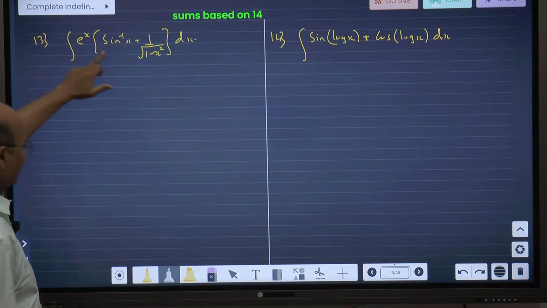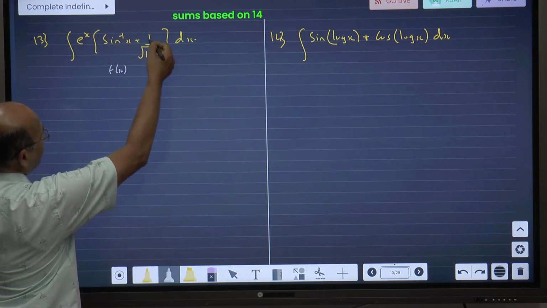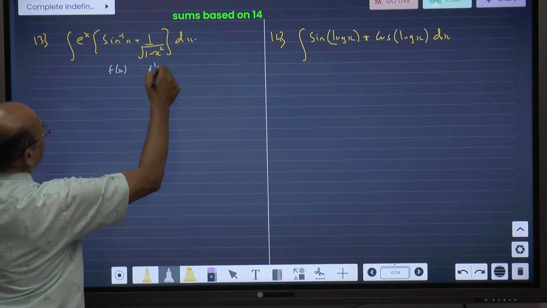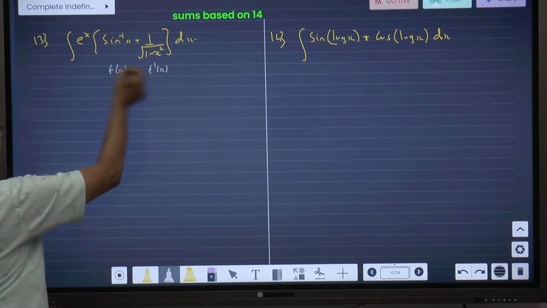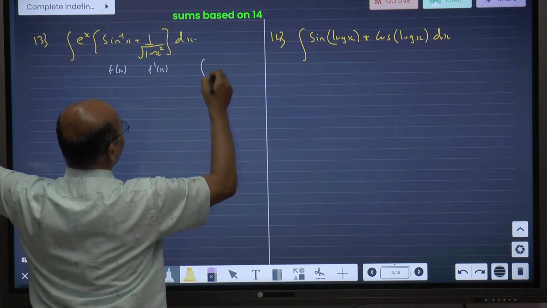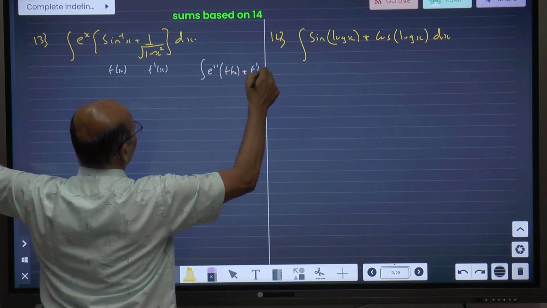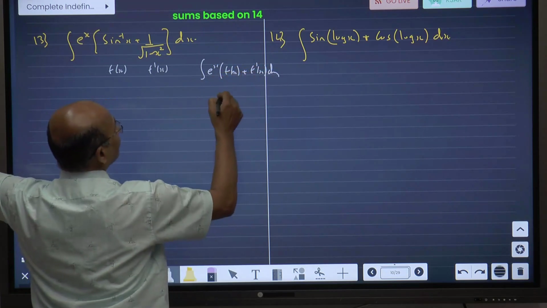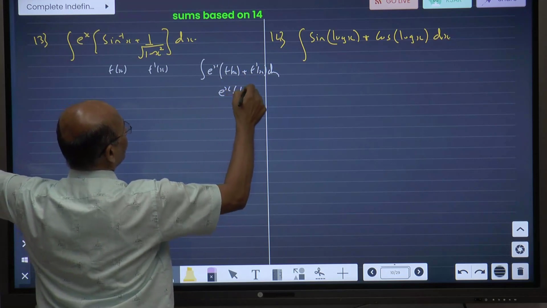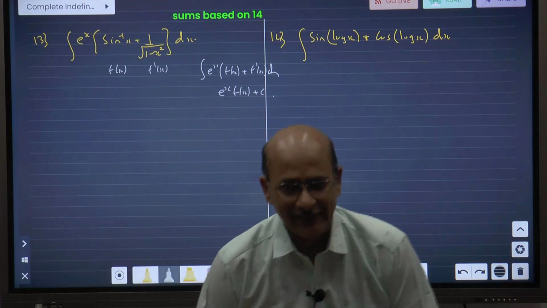If you look at this, this is the function, and what is the derivative of sin inverse x? It is 1 upon. So function and derivative along with e raised to x is there. Whenever in the integrand e raised to x, function and derivative both exist, the answer is e raised to x f(x) plus c.